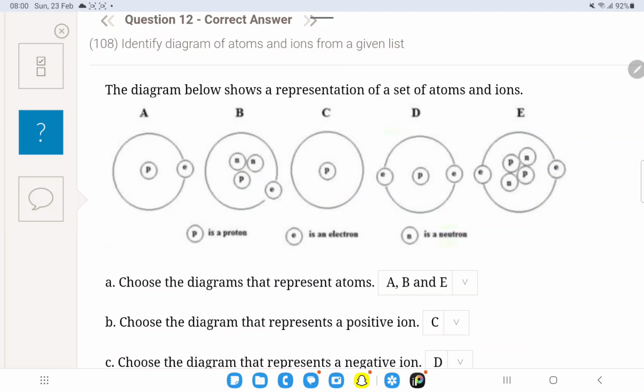Part B, they want the positive ion. We said this is an atom, this is an atom, this is an atom. So figure C, one proton, no electrons, so the charge is +1.